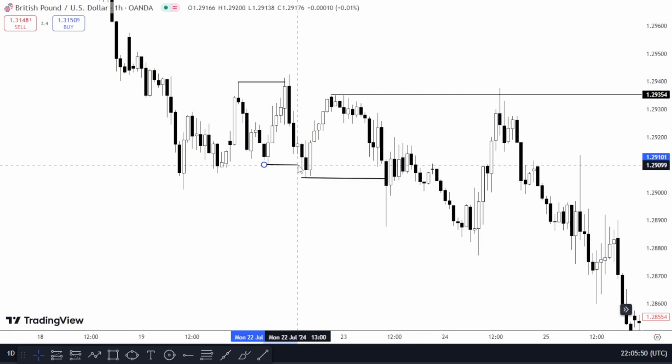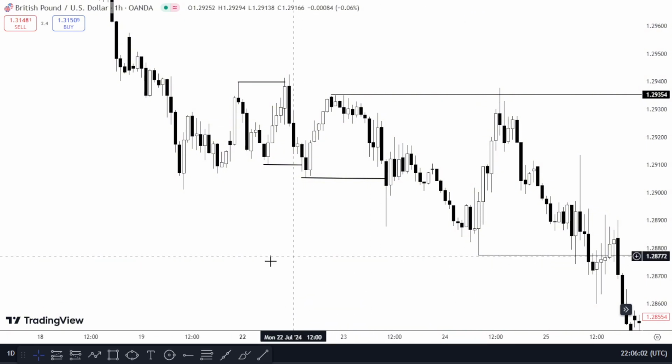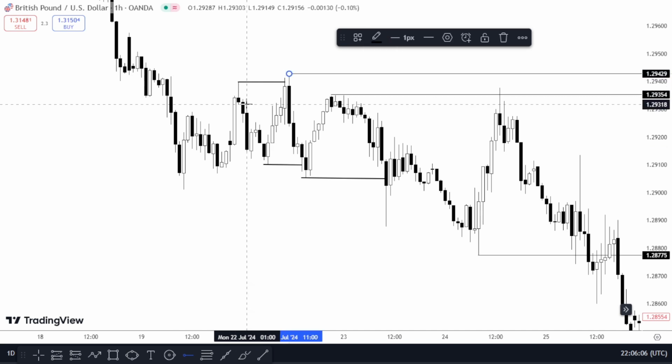We have our first break of structure right here, right before the pullback to provide structural liquidity. And then we have our protected low.